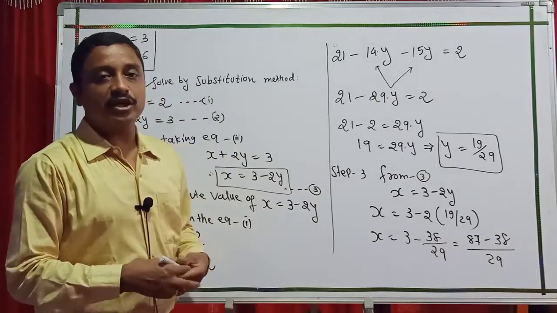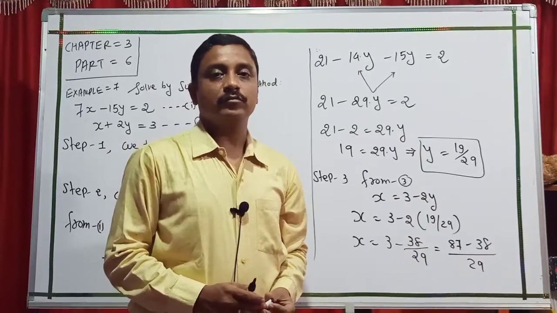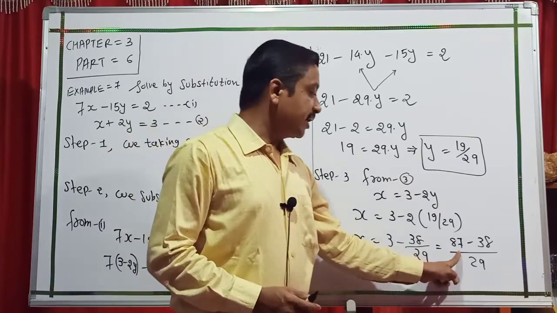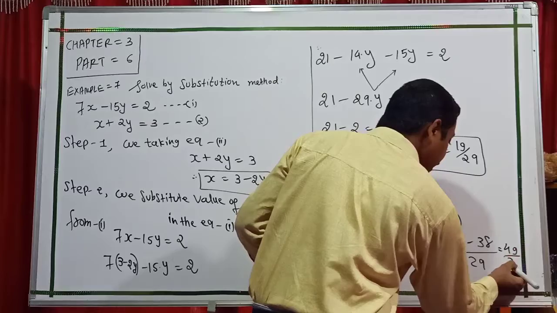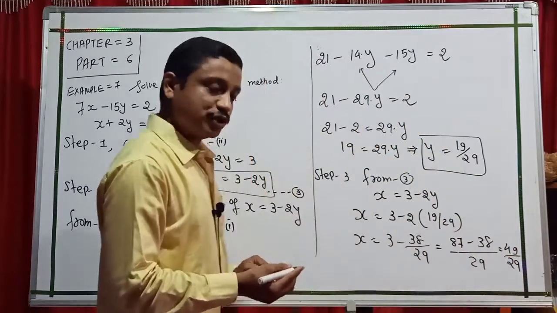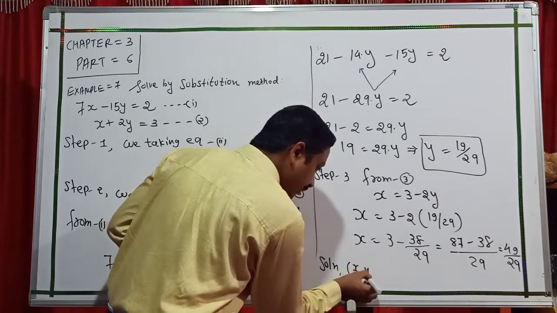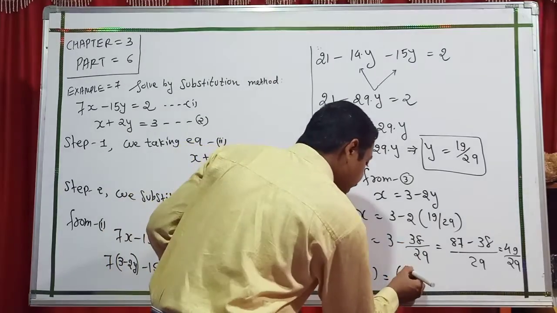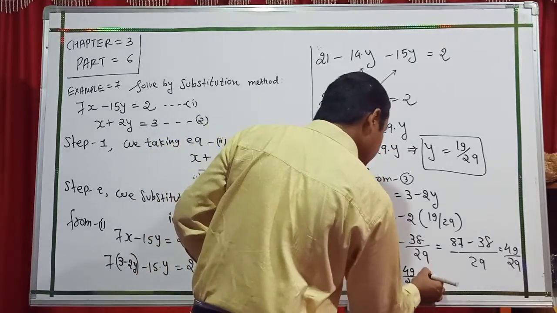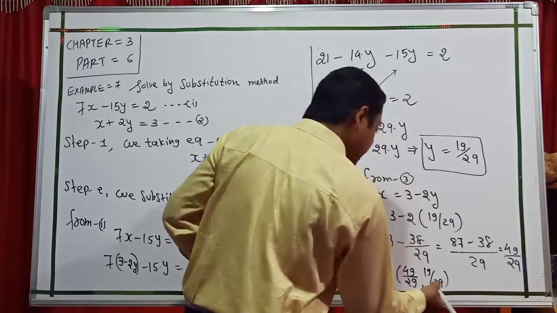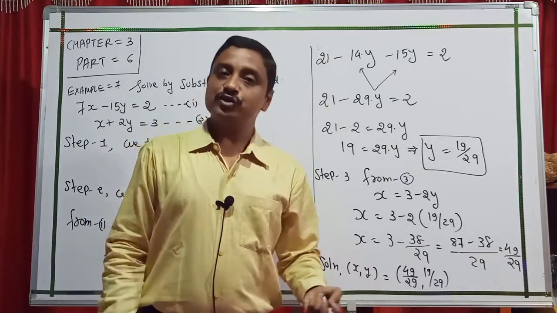Here your value is 87 minus 38, which is 49 by 29. So your solution is done. x comma y: x is 49 by 29, and y is 19 by 29, and that is how we easily get the solution.